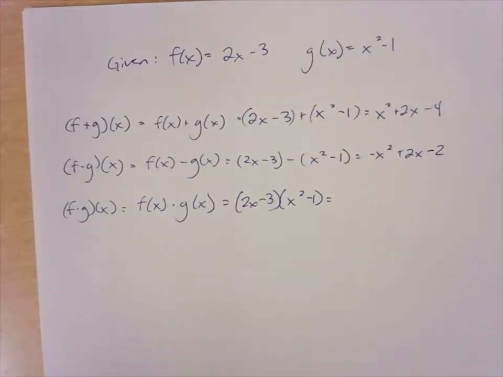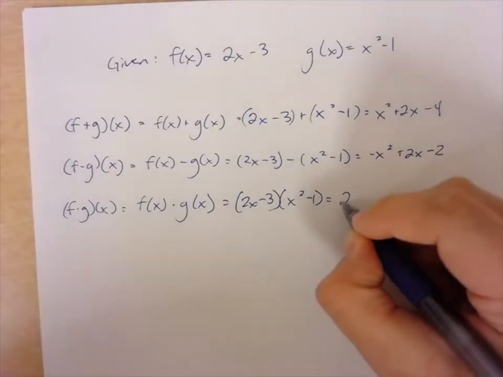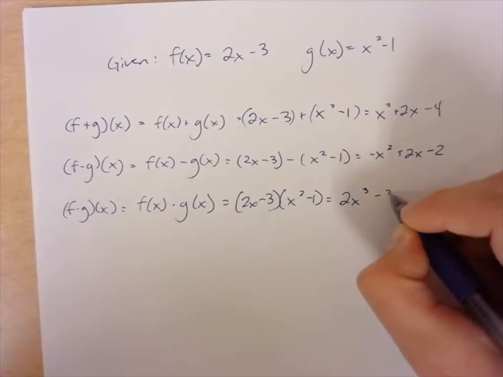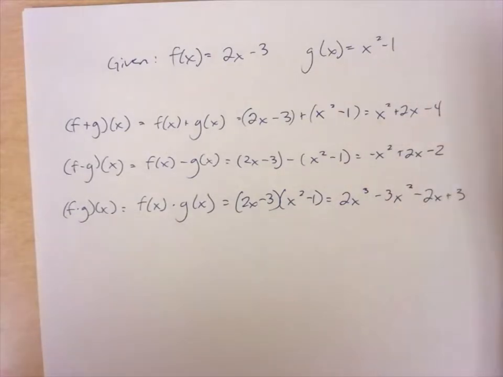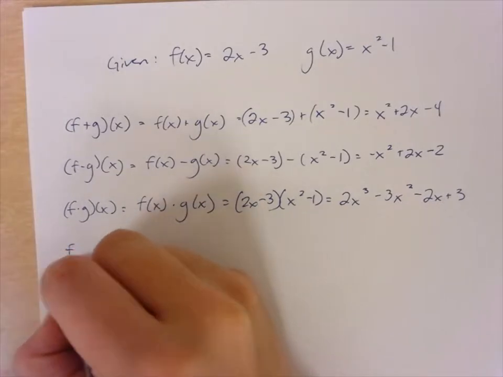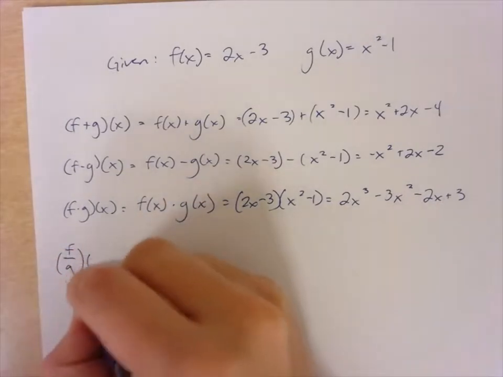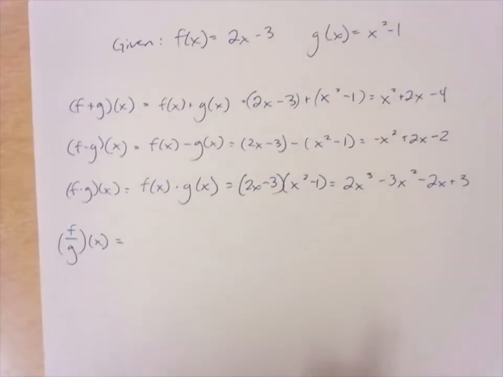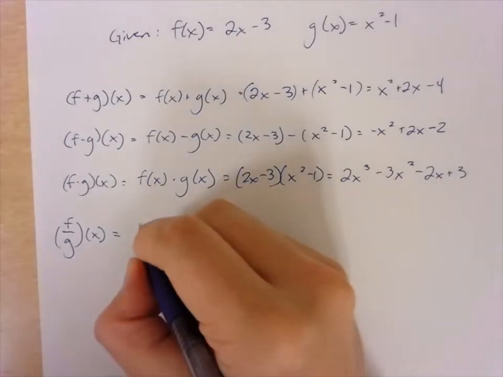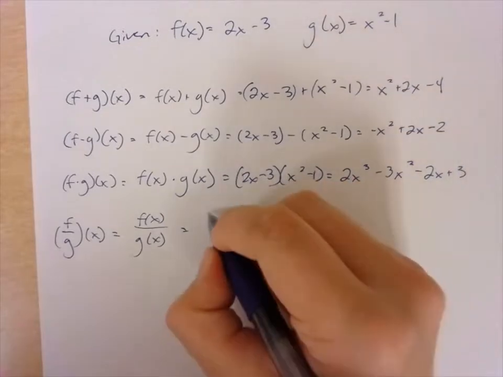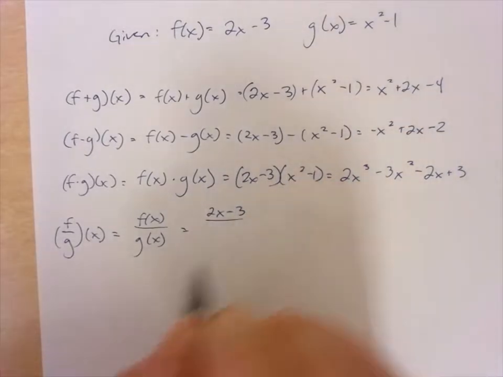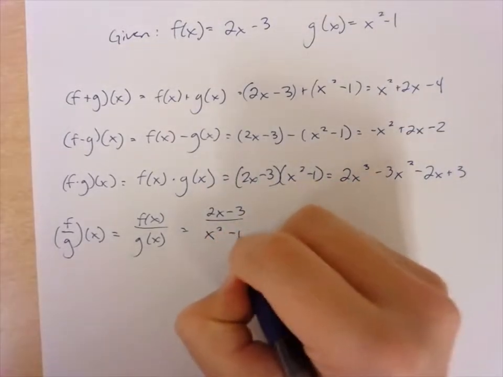And if we were to FOIL that out and simplify everything, we would get 2x cubed minus 3x squared minus 2x plus 3. Lastly, if we had f over g of x, that's the same as saying f of x over g of x, which is the same as saying 2x minus 3 all over x squared minus 1.